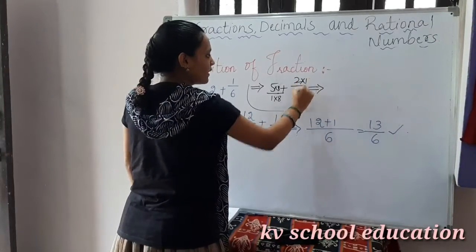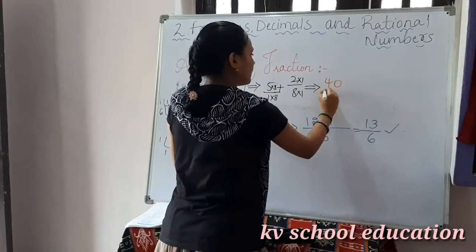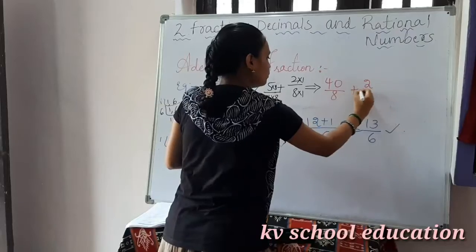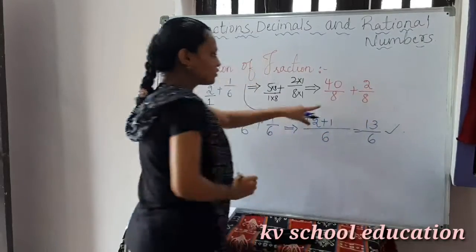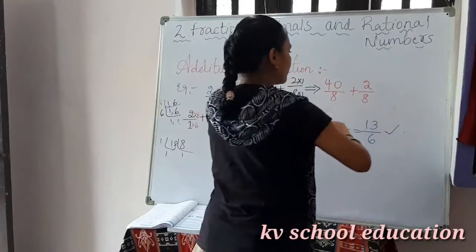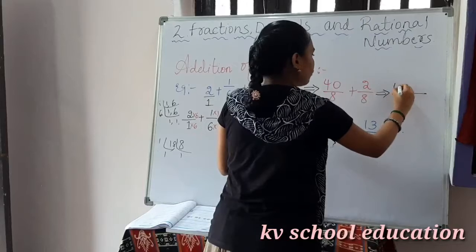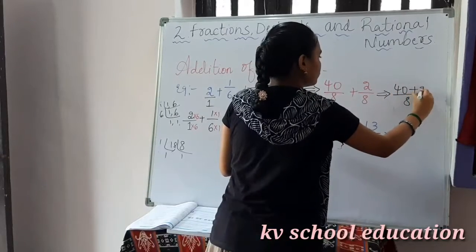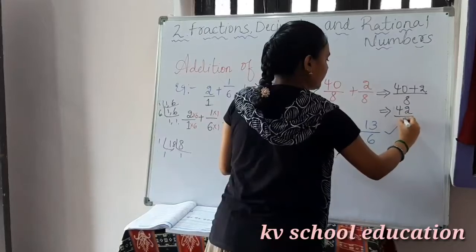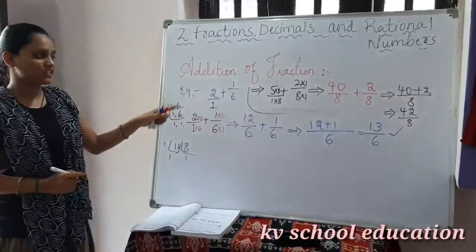So 5 eights are 40 and 1 eight is 8, plus 2 ones are 2 and 8 ones are 8. Now these are like fractions. Next step, we take the whole denominator 8 and 40 plus 2. 40 plus 2 is 42 by 8.